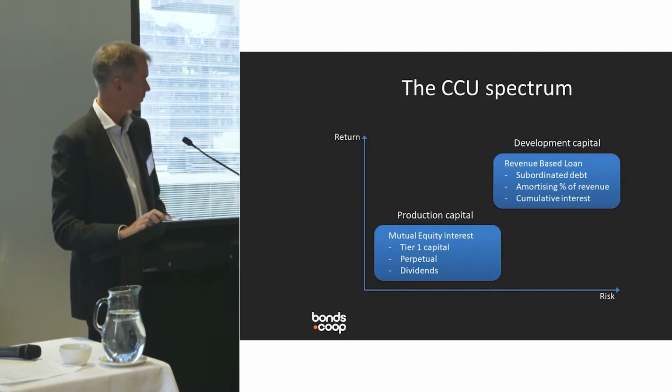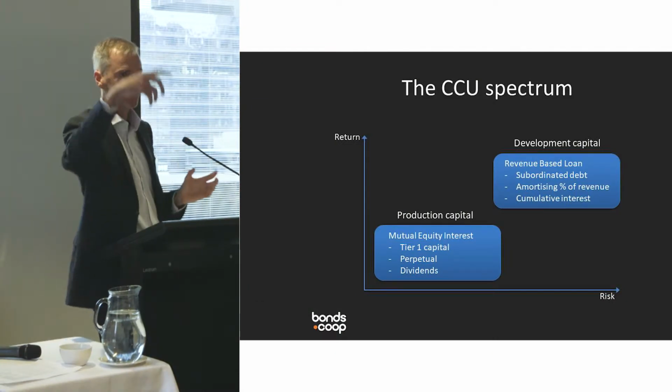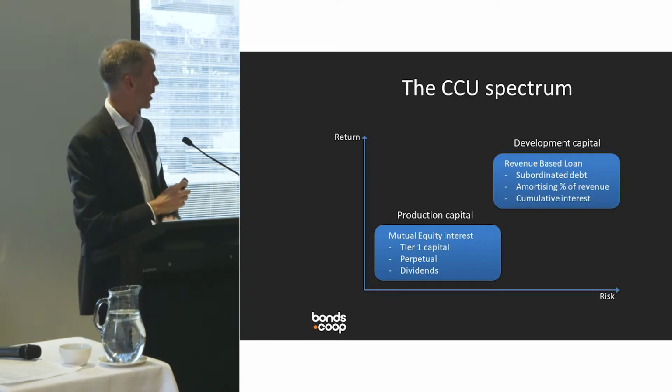So the mutual equity interests that are mooted to be able to be issued by ADIs at some future point in time will qualify as Tier 1 capital. They'll qualify as Tier 1 capital in the same way as ordinary shares of trading banks qualify as Tier 1 capital from a regulatory perspective. So what we have here is two ends of the spectrum, and CCUs can be structured along the spectrum, if you like.